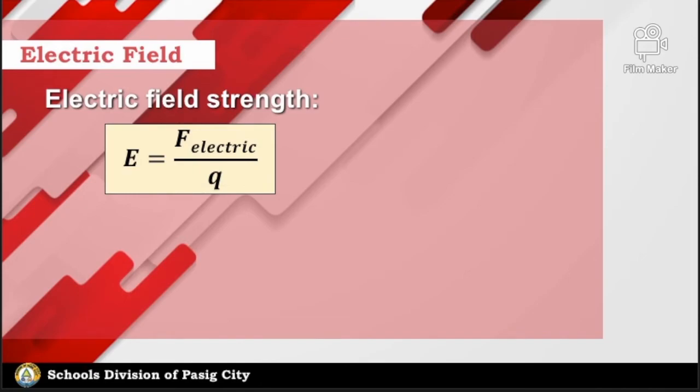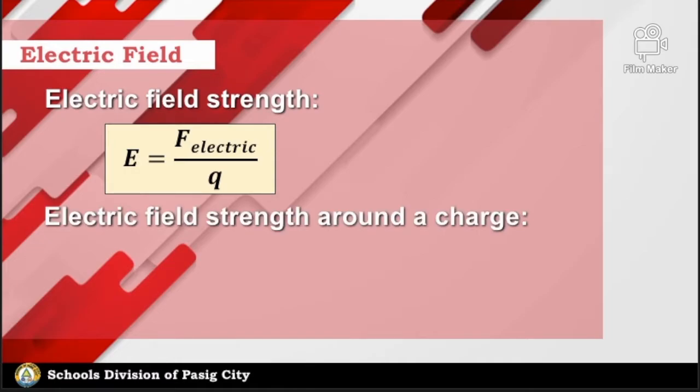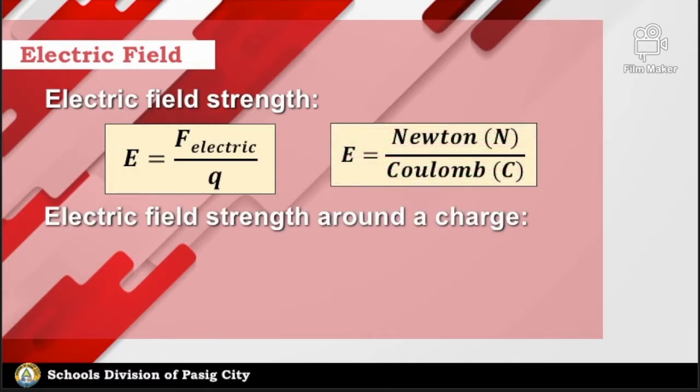Since the field strength is a force divided by a charge, the units are in Newton per coulomb, or we use capital letter N over capital letter C.